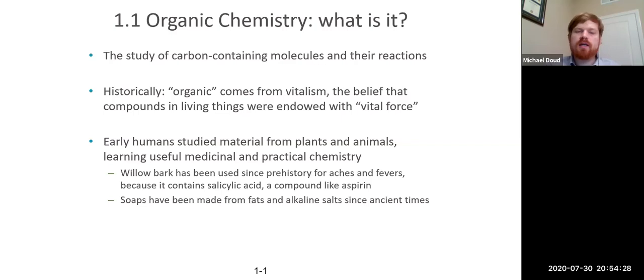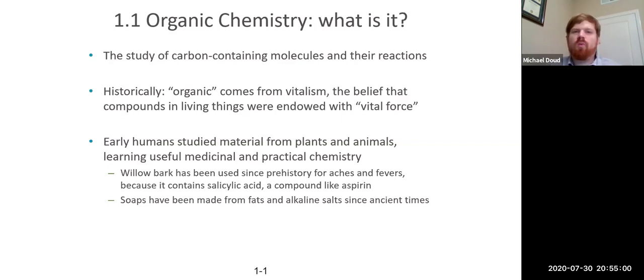So organic chemistry has deep roots in history because it's basically any material that comes from plants and animals. Anything that's been used as a medicine or another type of practical chemistry that comes from a living thing, that's organic chemistry. It wasn't always called that, but that's what we call it nowadays. For example, people have had headaches and aches and pains as long as there have been people feeling things.